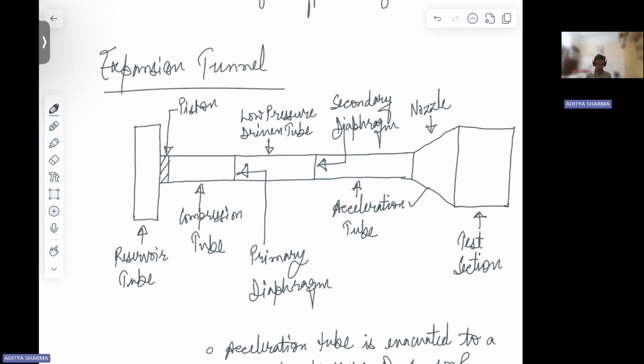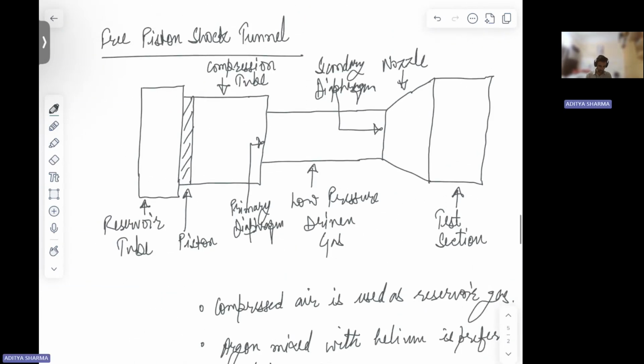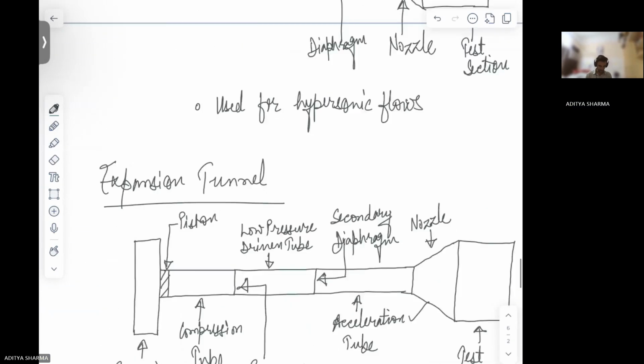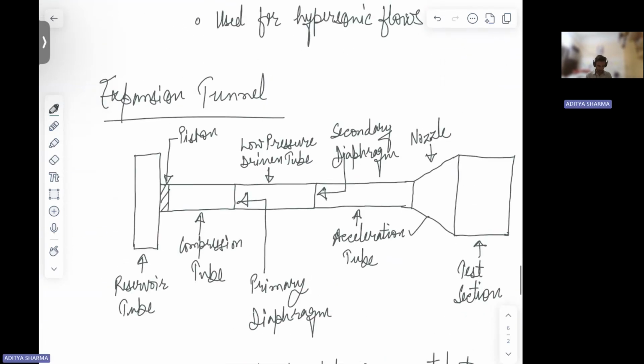You have a reservoir tube, okay, where you'll have pressurized gas that is going to move your piston. Then you have a compression tube, like we had in free piston shock tunnel. This compression tube is separated from your low pressure driven tube by primary diaphragm.